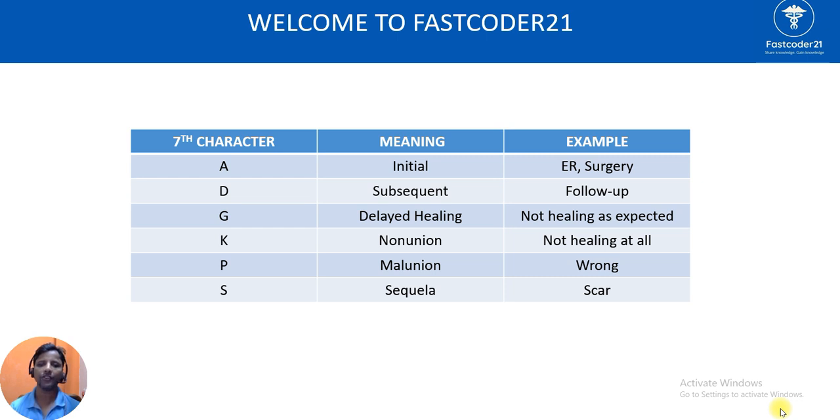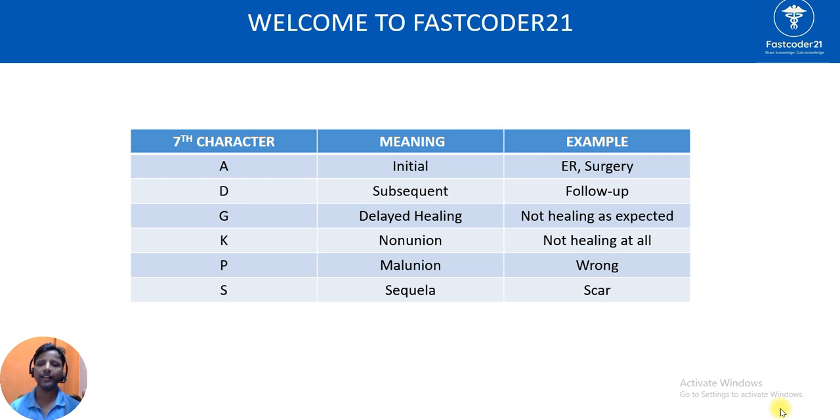Next one is D. Usually we will use D for subsequent encounters, or follow-up visits. Whenever we want to use this subsequent visit character D, we need to understand two terms: aftercare versus follow-up. Basically, these seem to resemble each other, but aftercare is different and follow-up is different. First, we will learn about aftercare.